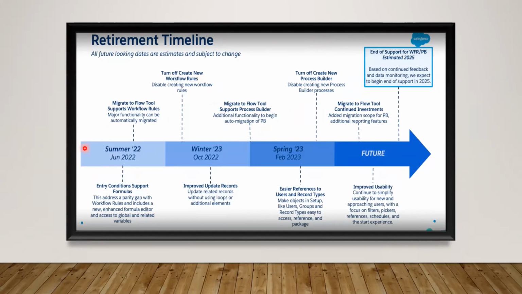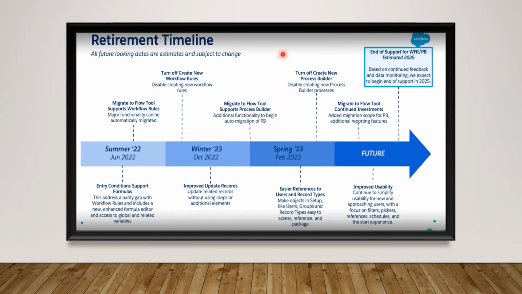This is the estimated retirement timeline: from Winter 23, that is from October 22 onwards, you won't be able to create workflow rules. If you look now in your developer org, the free org given by Salesforce, you are able to create workflow rules. But going ahead, you won't be able to create them once the Winter 23 update is brought to your free developer org as well as the sandbox.